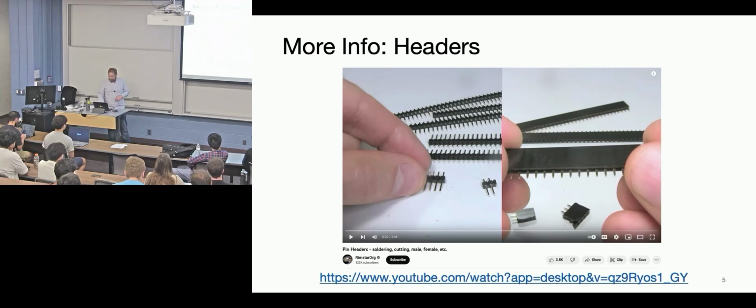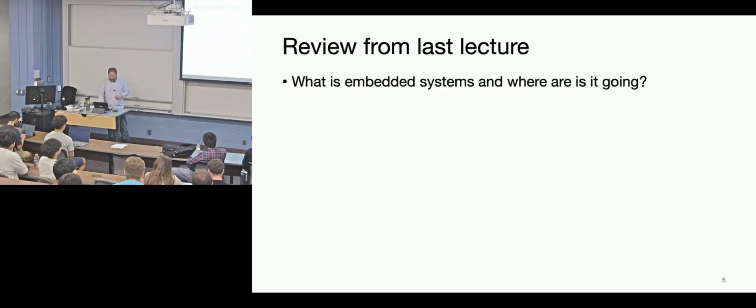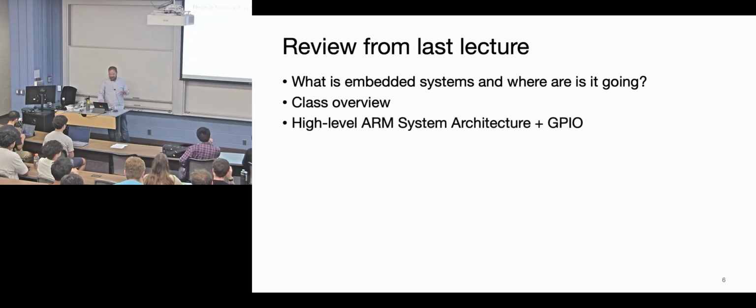Okay. So from last class, we talked about what embedded systems are, we did a class overview, and we did a high-level kind of architecture of how you would write code and how the core would manipulate GPIO.